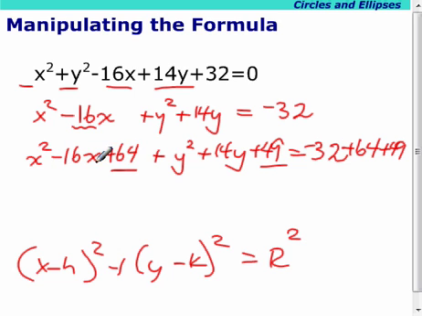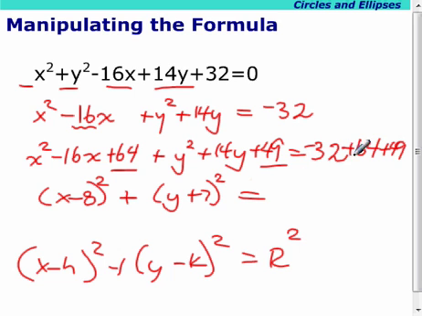So now what I get on this left side here is a perfect square. That's what I was shooting for. It's x minus 8 squared. And of course this is a perfect square. y plus 7, all squared, is equal to, now I just have to figure out what this is. So that'd be 32 plus 49, I'm calling that 81.